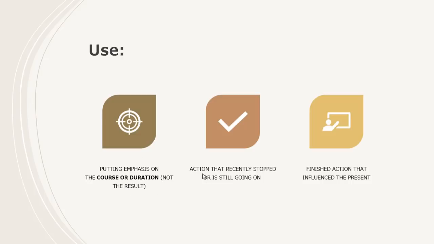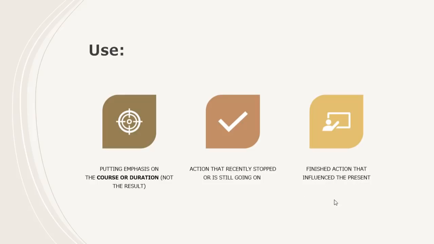Okay. An action that recently stopped or is still going on. Yeah, I've been reading this novel for 3 days, for example, right? And finished action that influences the present.